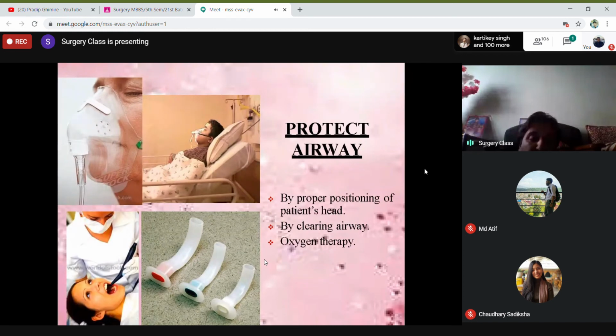So you put an airway in the mouth, which makes the patient able to breathe properly, and you can deliver the oxygen. In the right bottom, these are the various airway tubes which are placed in the mouth into the oropharynx, and the patient can breathe easily with this airway.